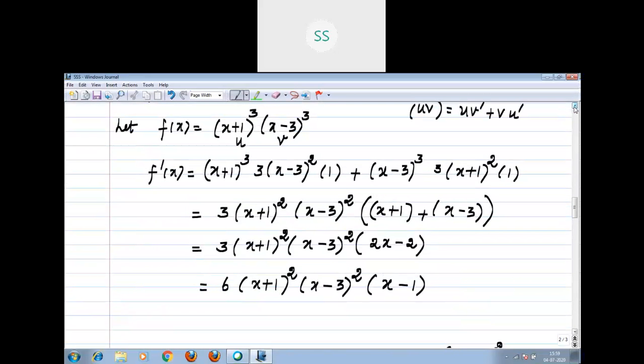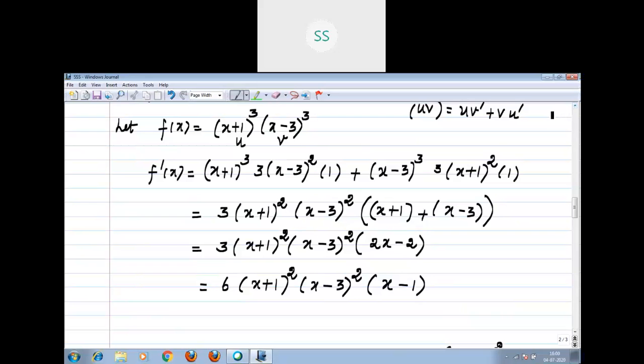F dash of x, u v dash: (x plus 1) the whole cube into 3 into (x minus 3) the whole square. The coefficient of x is 1. When you differentiate, you will get it as 1. The same way, next step, v u dash. Finally, you arrived at 6 into (x plus 1) the whole square, (x minus 3) the whole square, (x minus 1).